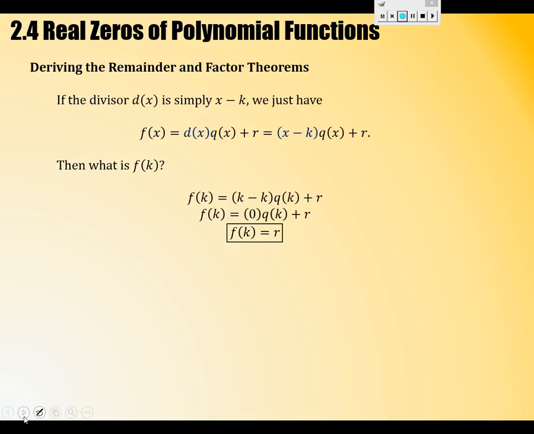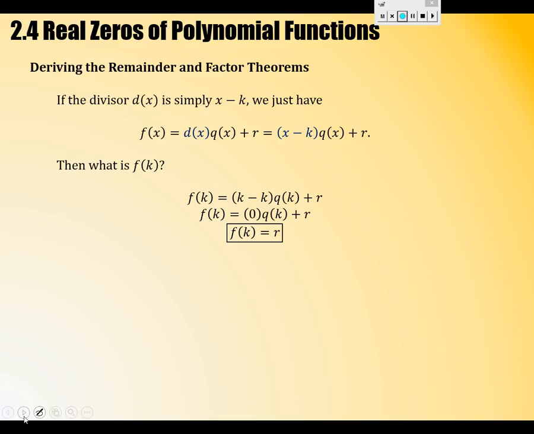So, this presents an interesting idea. If we want to know what the remainder is, say we don't care to do the division problem, all we want to know is the remainder, then if I'm dividing by like x minus 3, all I'd have to do is plug in 3 to the polynomial, and I would get the remainder. Now you might be thinking, why would I ever not want to do the division?